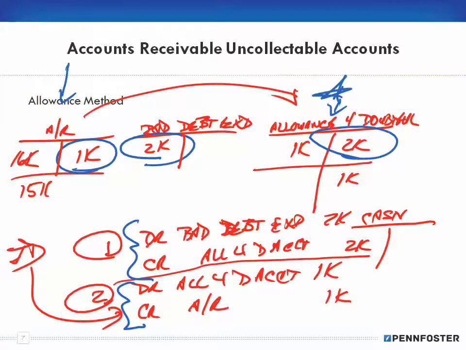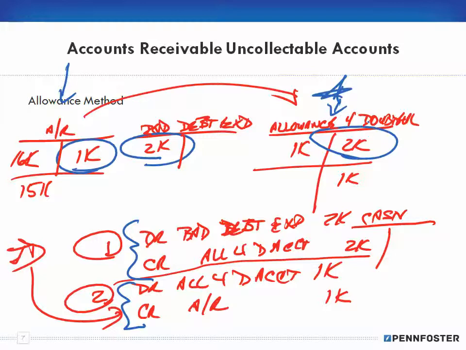If it's the direct write-off method, you're keeping these accounts on your books even though they're 5 years old and they've never paid, and they have to be written off. So you just write them directly off because you're never going to collect them. Using the direct write-off method, it's very easy to be more accurate. The only thing you have to determine is when you're going to finally say, that's it, I'm not collecting this debt.